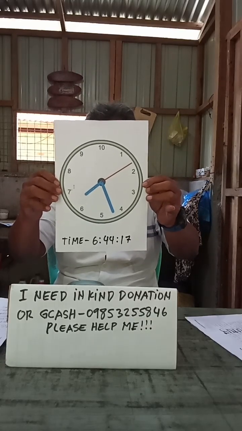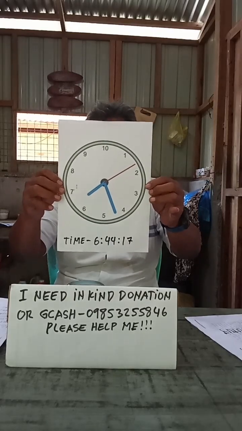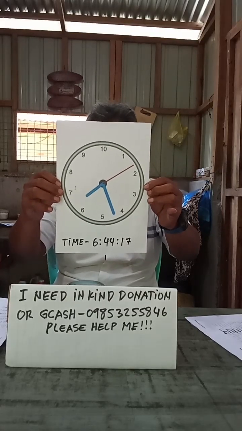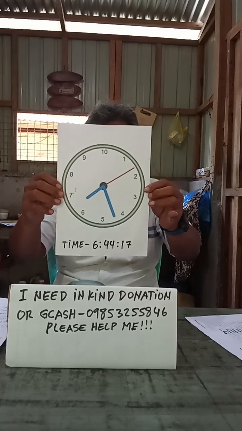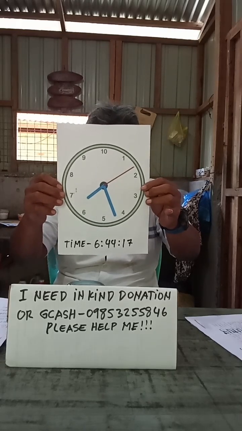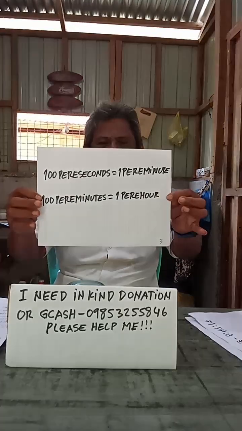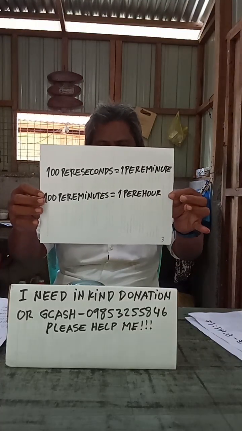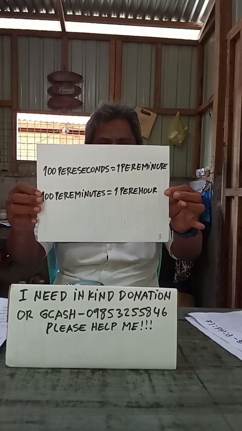And the time is 6:44:17 PST or 6 per hours, 44 per minutes, and 17 per seconds. And in the Peregrino Sienes Time or PST, 100 per seconds is 1 per minute, and 100 per minutes is 1 per hour.